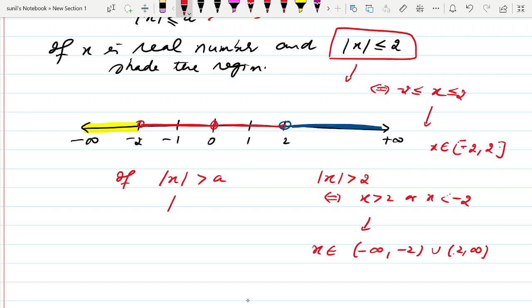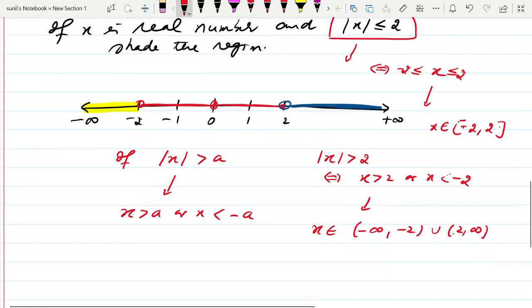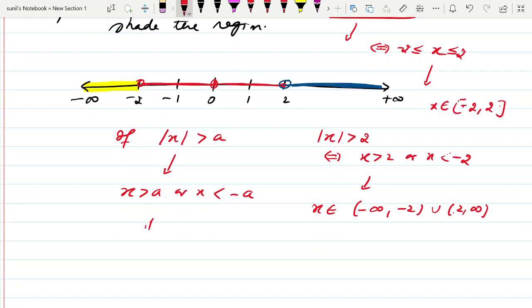So the same way we can conclude here also. So we can say that x is either more than a or x is less than minus a, or else we can say that my x belongs to minus infinity to minus a union a to infinity.